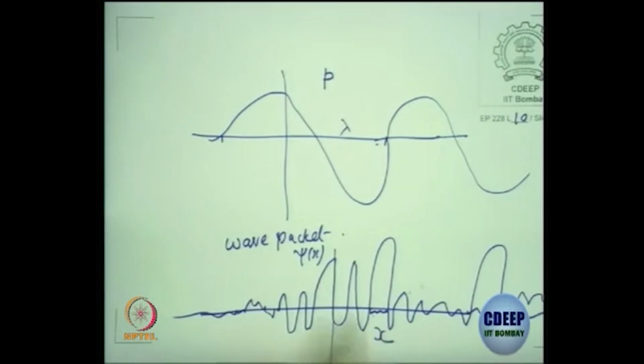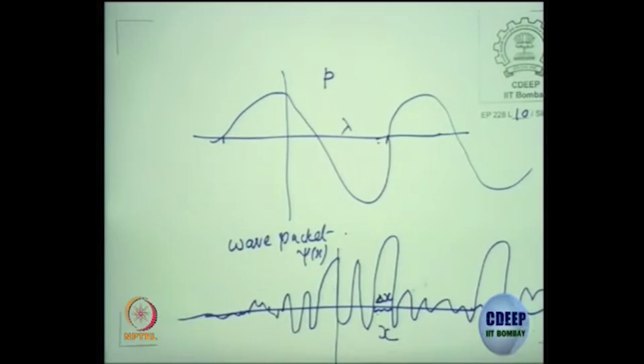You can make it even shorter by taking all possible wave numbers from minus infinity to plus infinity. If you do that, this region, which I can call delta x, could get more and more shorter, and you can actually say that this particle is localized here, but its momentum is not. Its position is well defined, but momentum is not.